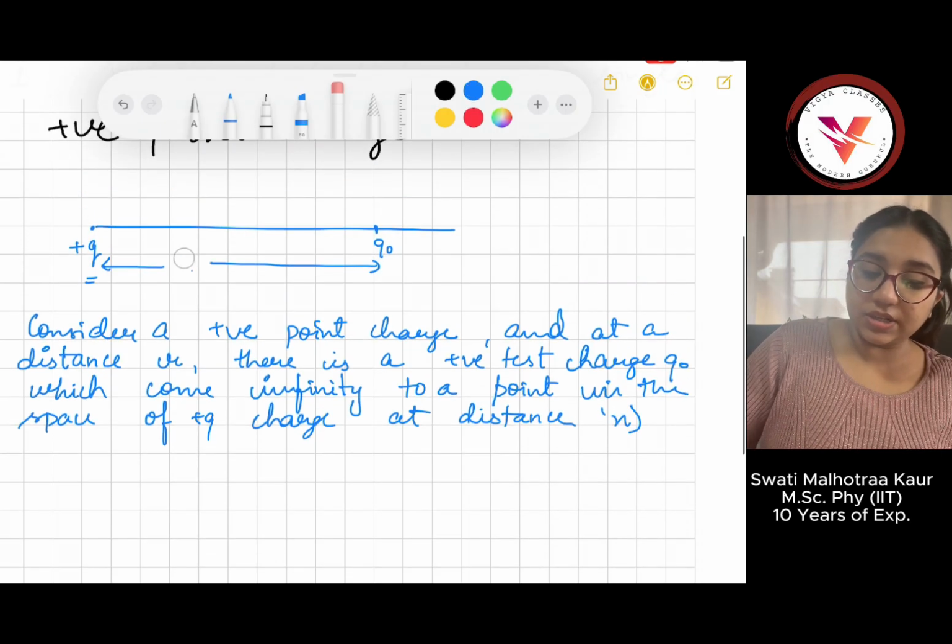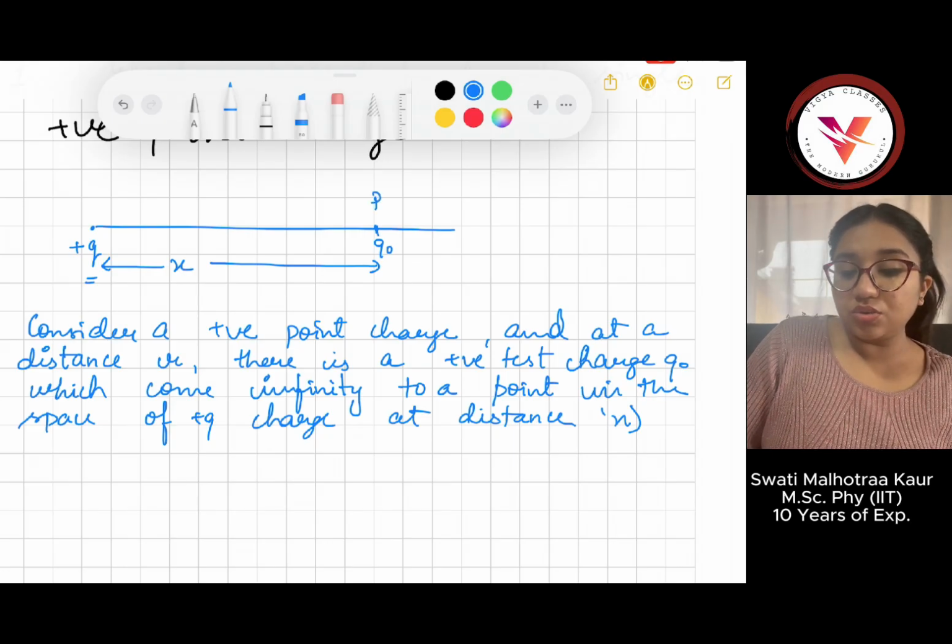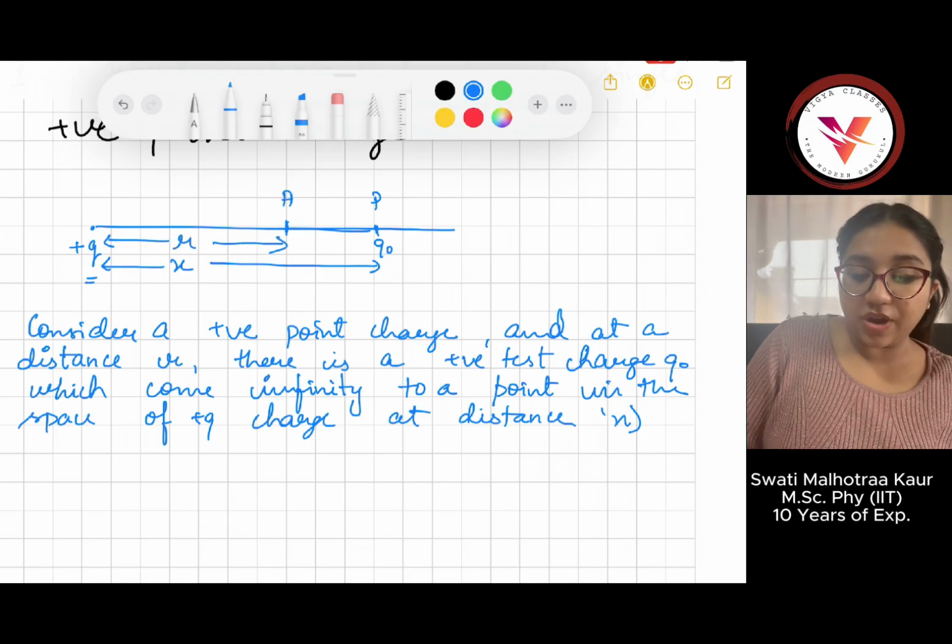Now first consider it as x. Now this Q naught charge is then moved to some point A, which is at a distance of R.